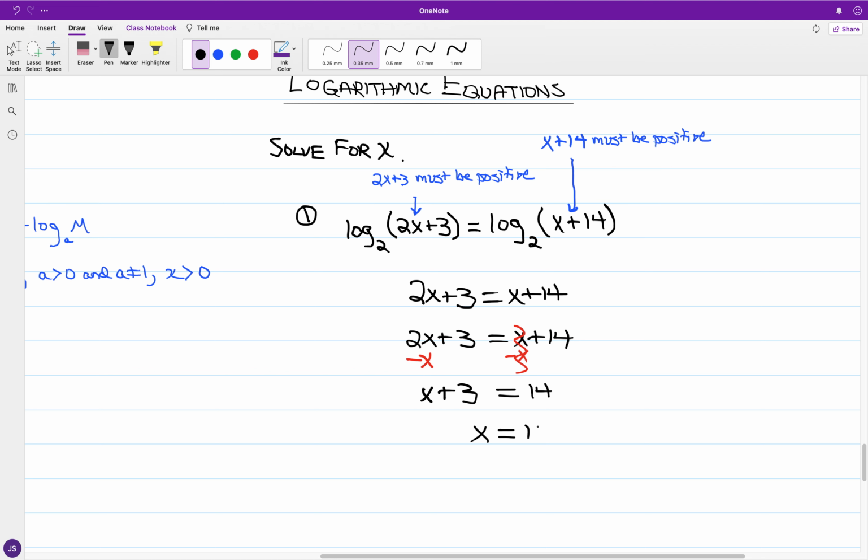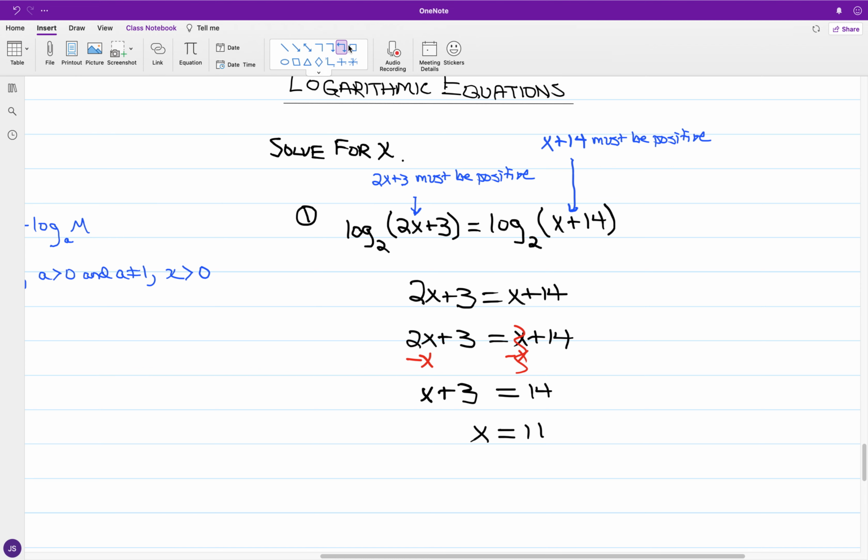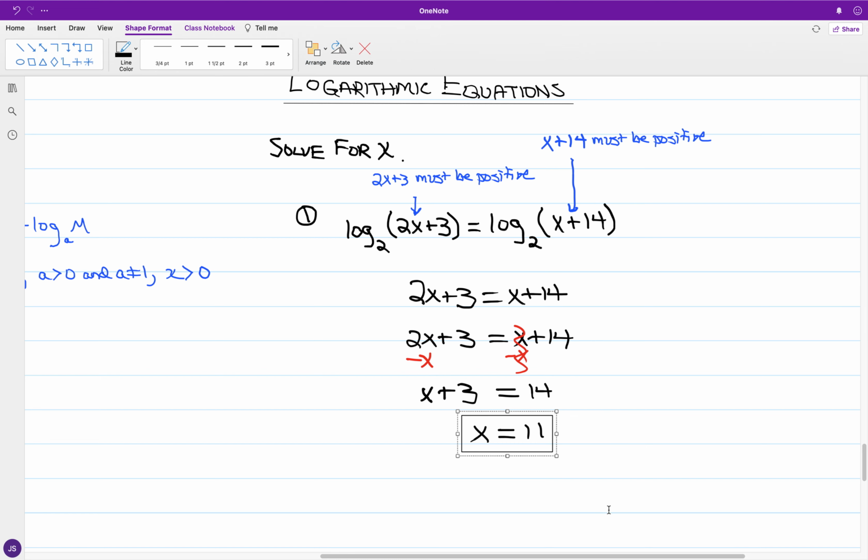You can double check here: 2 times 11 is 22, plus 3 is 25, and 11 plus 14 is 25. Both of these results are positive, and they must also equal each other, and 25 is indeed equal to 25. So 11 does qualify as the solution.